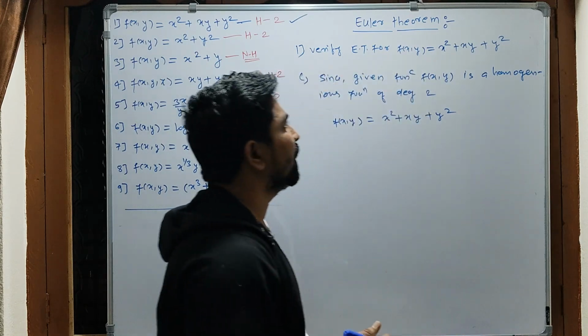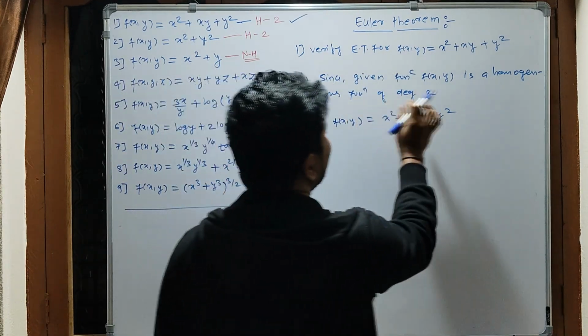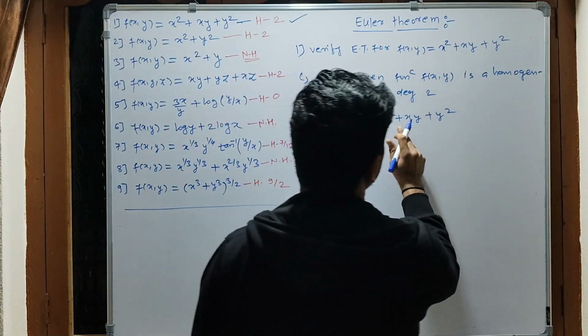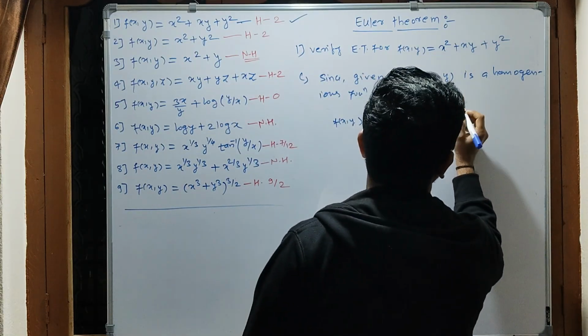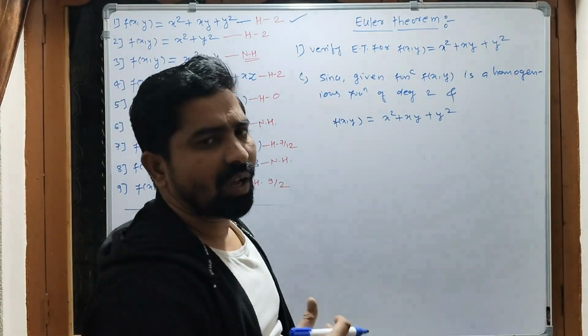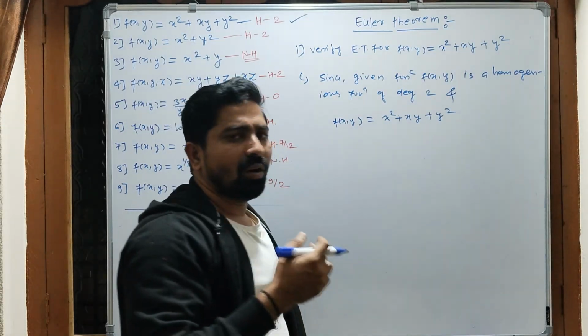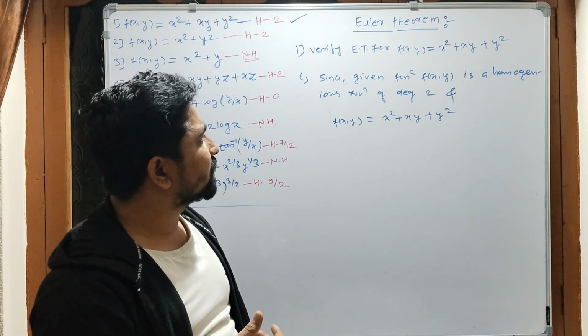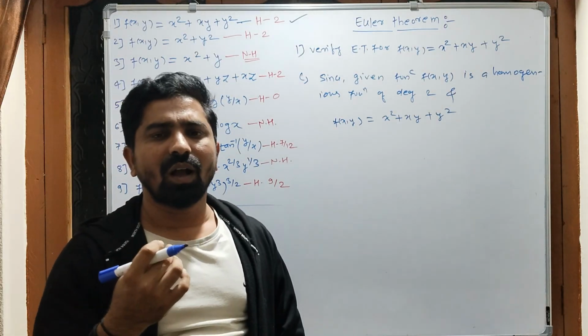Since the given function f of x comma y is a homogeneous function of degree 2, therefore f of x comma y equal to x square plus xy plus y square. This is the given function, and I want to prove that it verifies the condition of the Euler theorem.